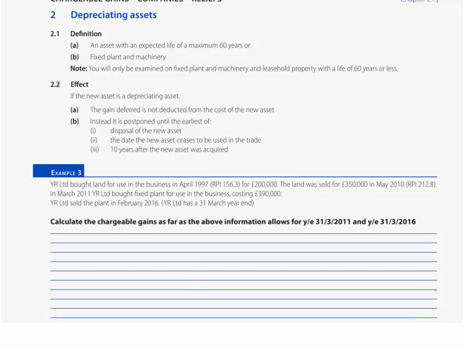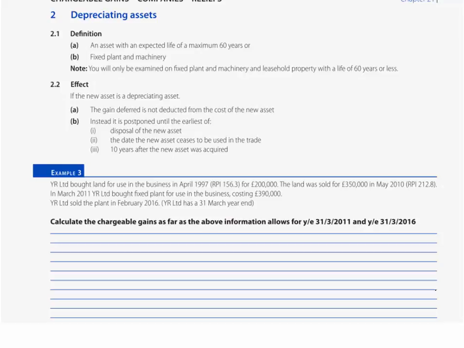Okay, so having dealt with full rollover and partial rollover, there is just one further area to deal with, and that, as we've already spoken of within this particular session together, is the fact that if you were to reinvest your proceeds, either in full or in part, in a depreciating asset, one with a life of no more than 60 years, then rollover, as we have seen it, would not be available.